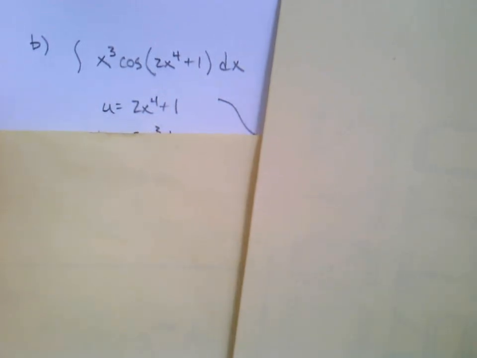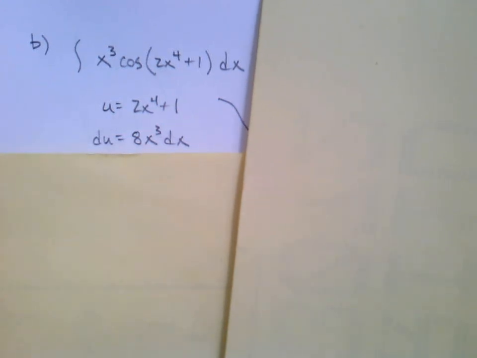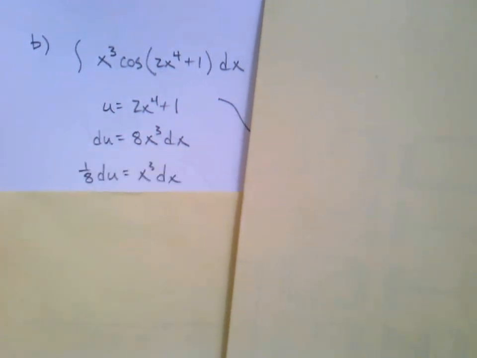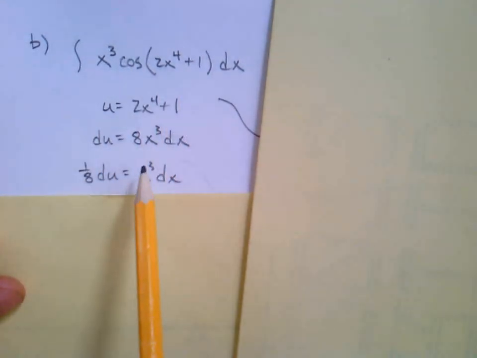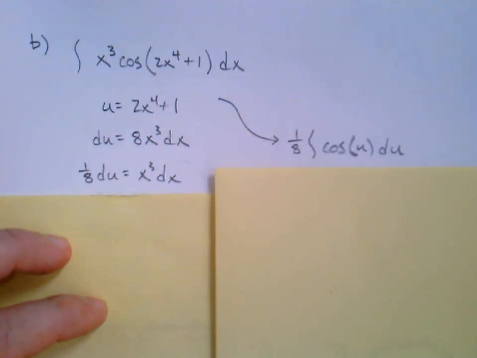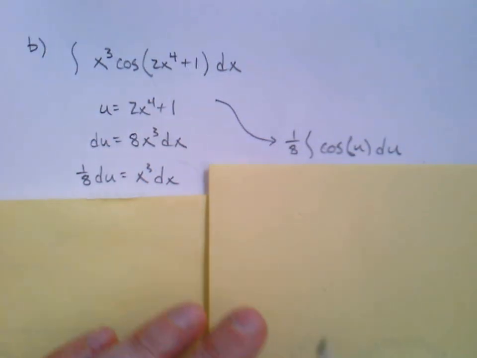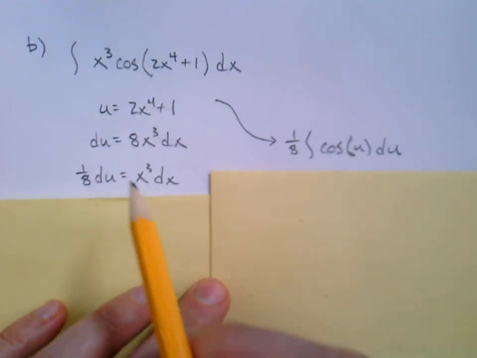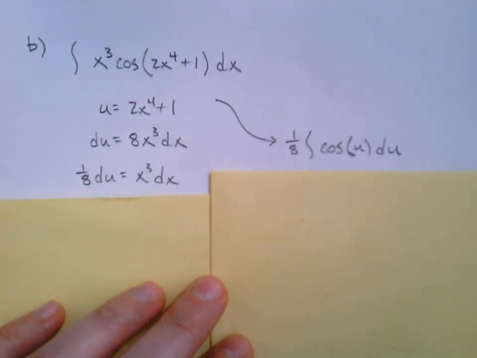That would make my du 8x to the third dx. And I don't want that 8, so I can divide the 8 over. So my x to the third dx becomes 1/8 du, and here I'm going to go for it. Because it's so similar to the last example, and hopefully we're very familiar with u subs, I'll just take that 1/8 all the way to the front, times the cosine of u du.